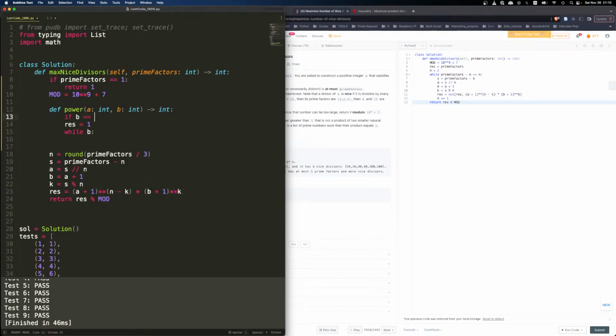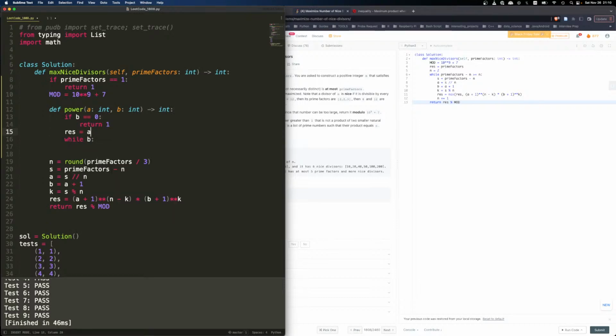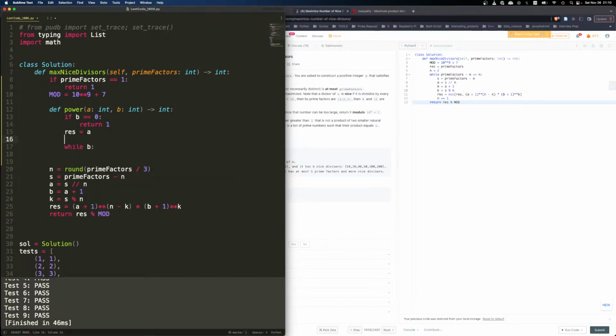If b equals 0, return 1, otherwise it's going to be a, and then b minus equal 1.